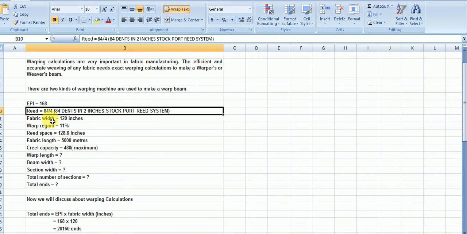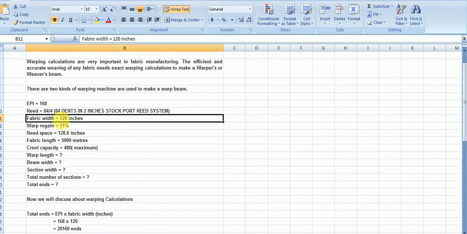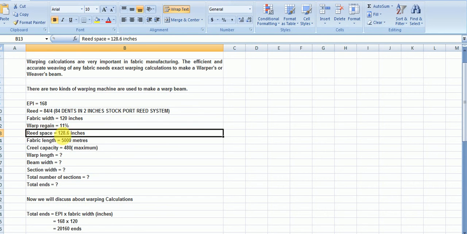Then the fabric width, for example, is 120 inches, and warp regain is 10 to 11 to 12%. I have taken 11% here. Reed space I am taking as 128.6 inches, and fabric length I want is 5000 meters, but we have to calculate how much warp regain will be added to this total fabric length.